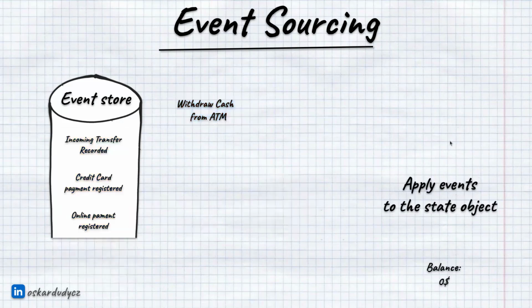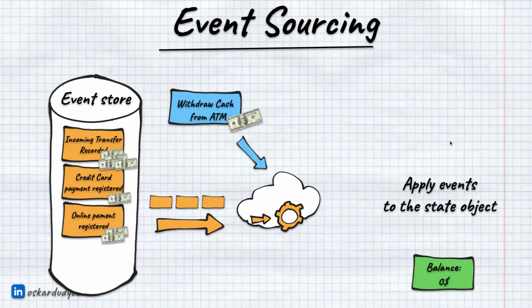Once we did that, there is no major difference, because we still need to get the state object. I prefer to call it a decision model because we will use it to evaluate our business rules.